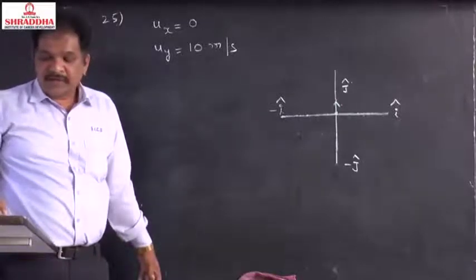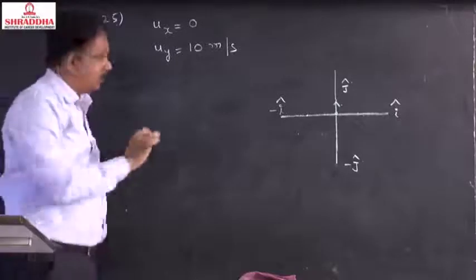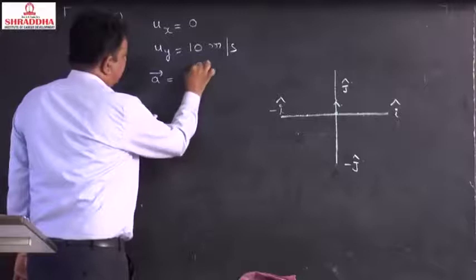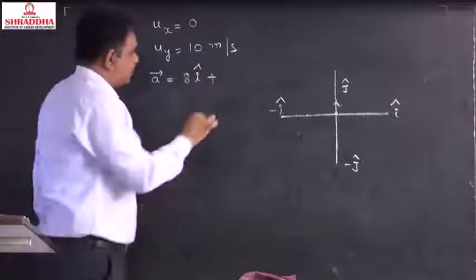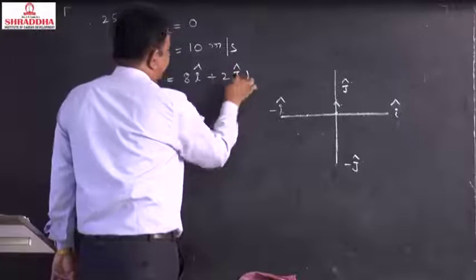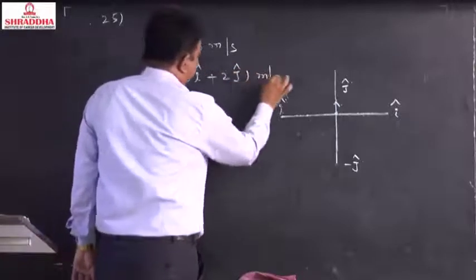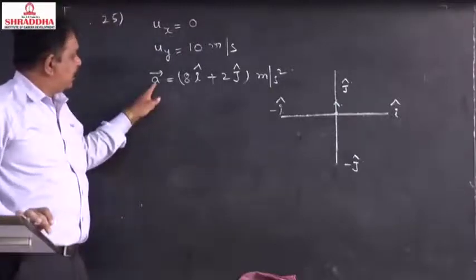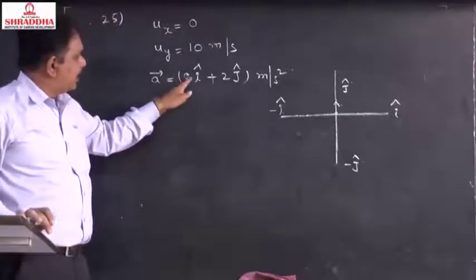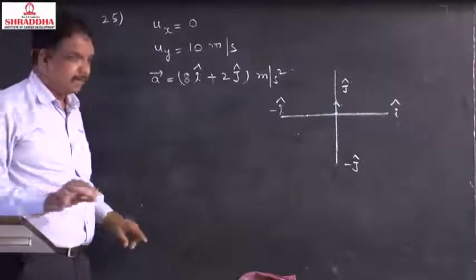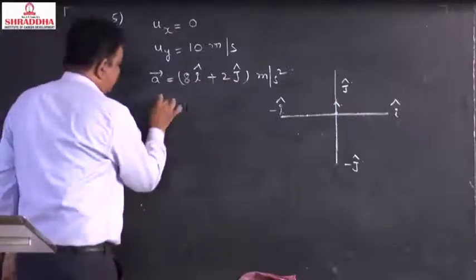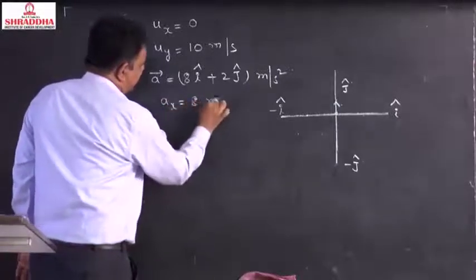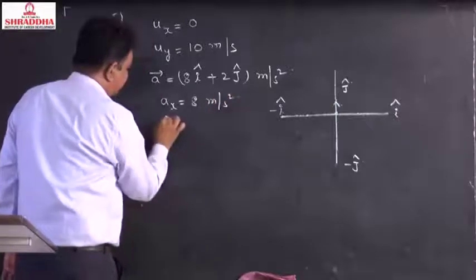Okay. What is its acceleration given? A bar is equal to 8 i cap plus 2 j cap meter per second square. That is the acceleration. Then A is equal to ax i cap plus ay j cap. So ax is equal to 8 meter per second square.